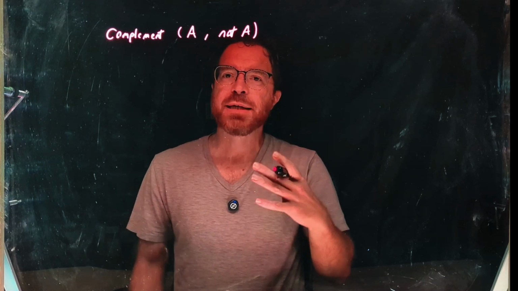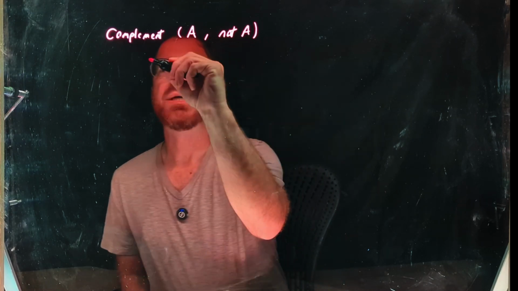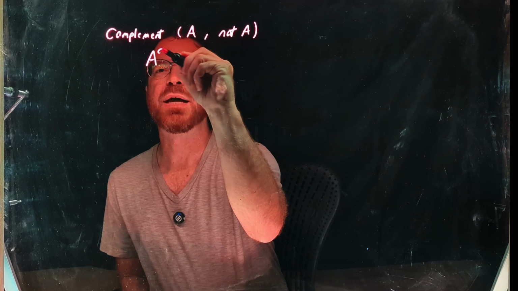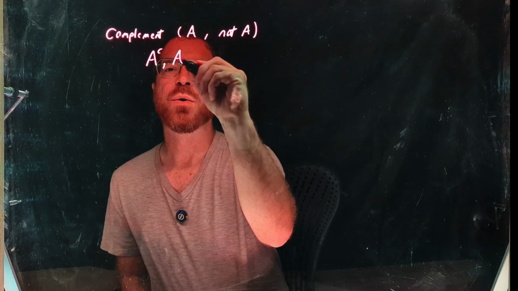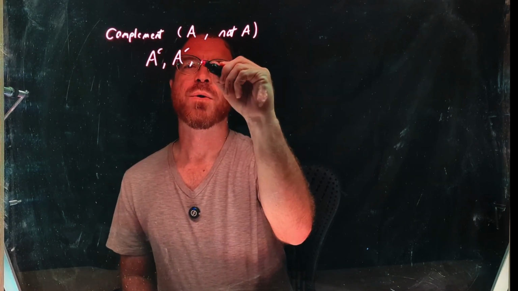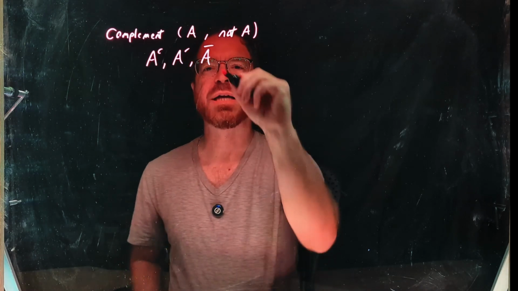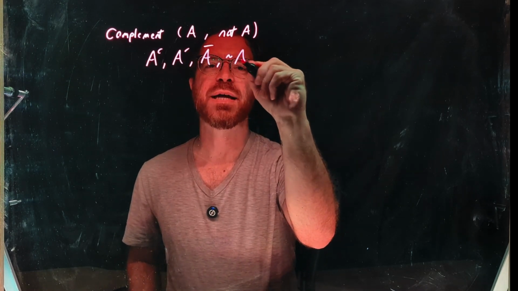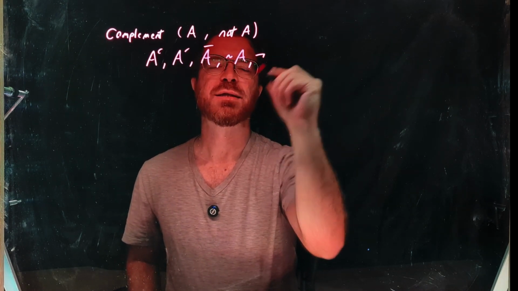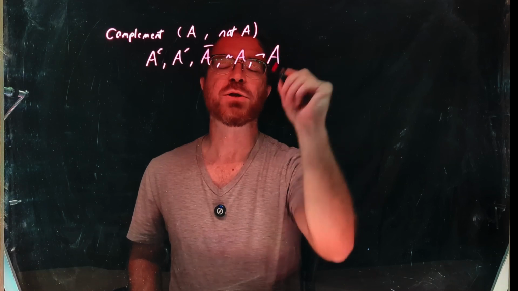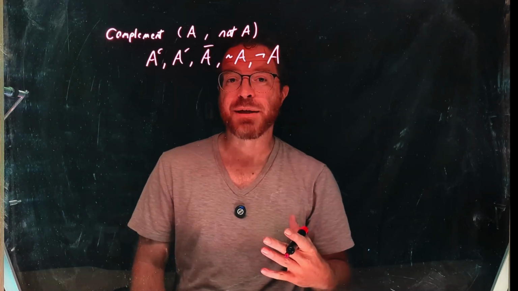And the way that we write things like this would be, we'll usually use something like A with a little c, or A with a tick mark, or A with a dash. Again, you might see things like tilde A, or you might see this little symbol and A. These are all ways of writing the complement.